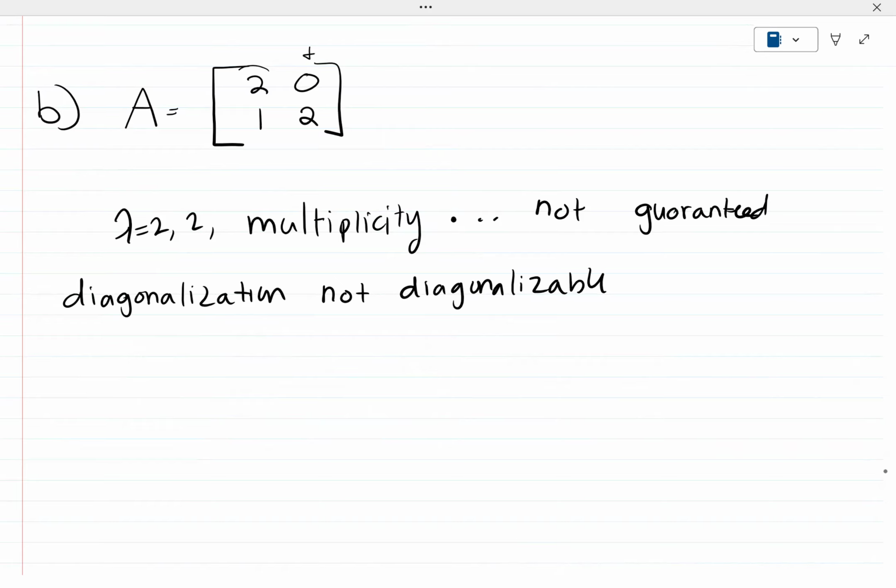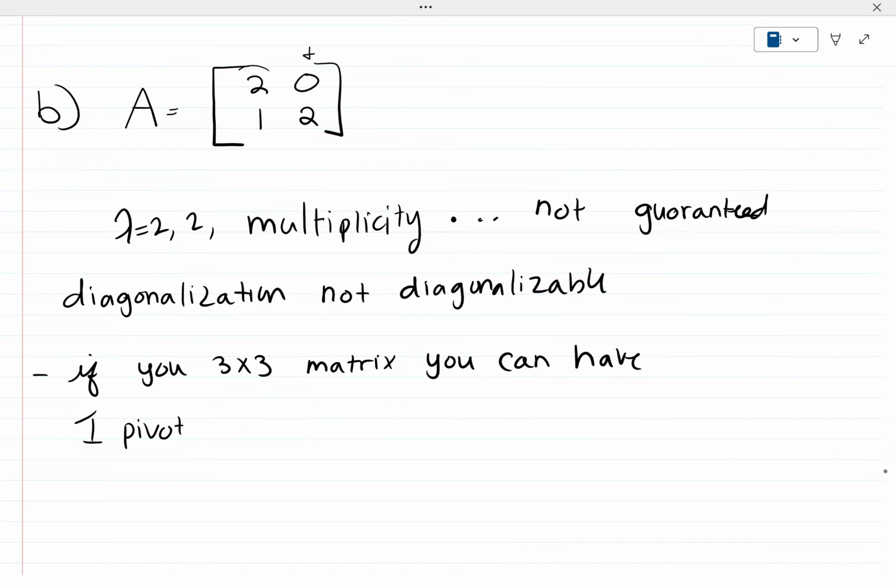If you have a 3 by 3 matrix, you can have one pivot and two free variables. So let me write this out. If you have a 3 by 3 matrix, you can have one pivot and two free variables.